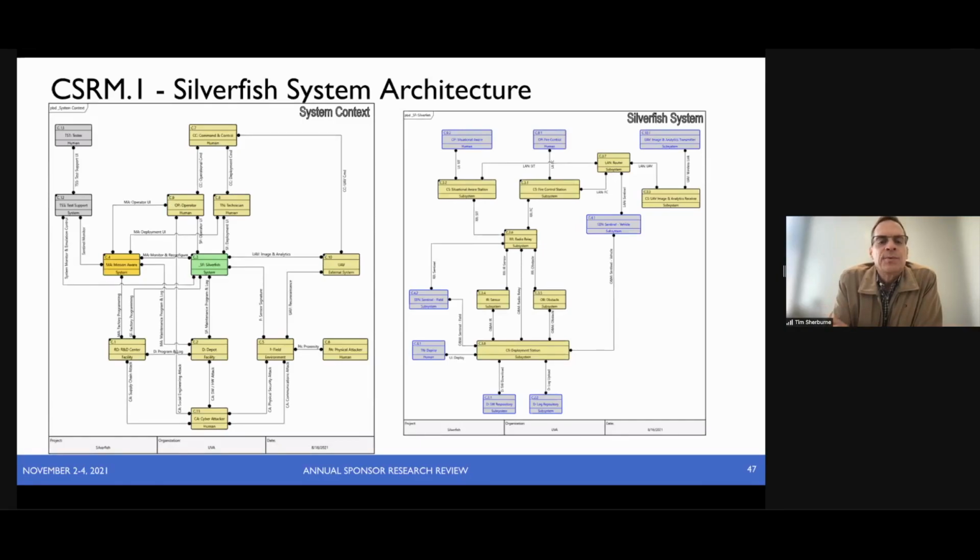Next, we'll move to the architecture view of the system description. I know this is probably tiny to see here, but it's a physical block diagram.